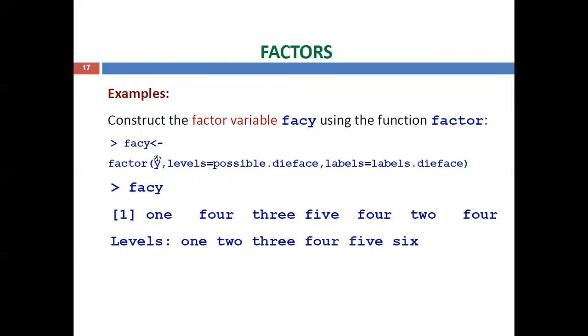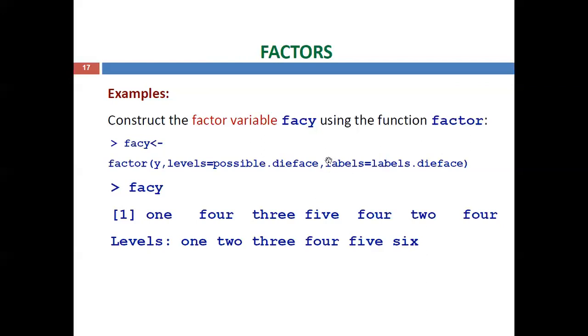See, first we have taken the vector y, whatever values we stored initially. Those values can be represented by levels using the vector, levels equal to possible.dieface. Then those values can be labeled using another vector, labels.dieface.